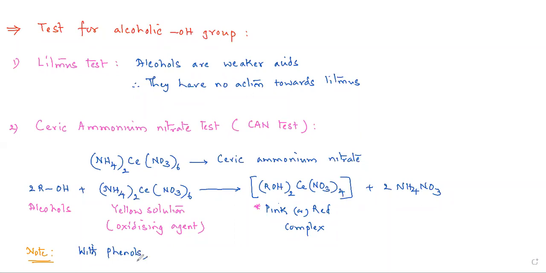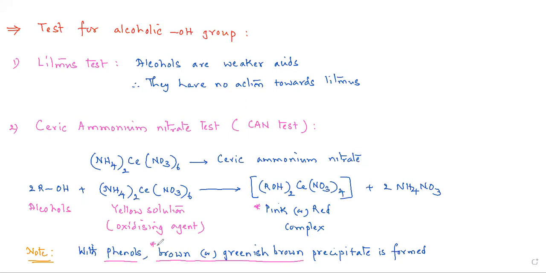With phenols, brown or greenish brown precipitate is formed. Color of the precipitate is very important here. This is with phenols. Okay.